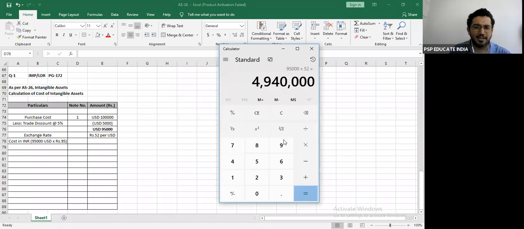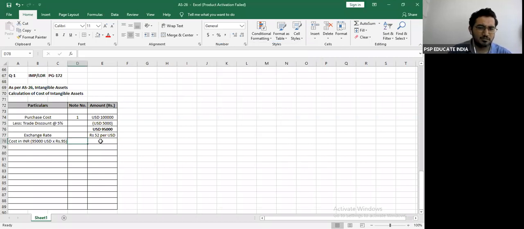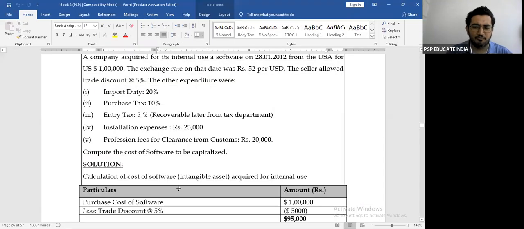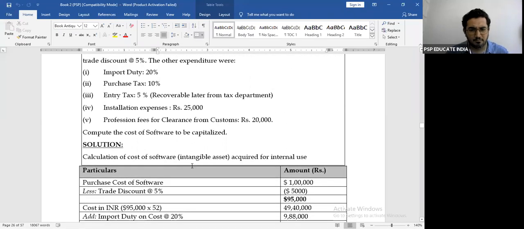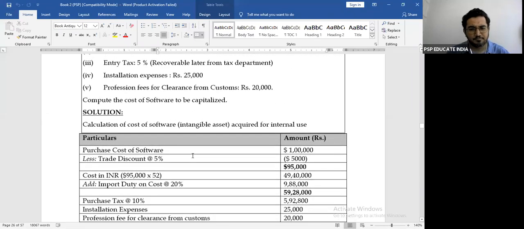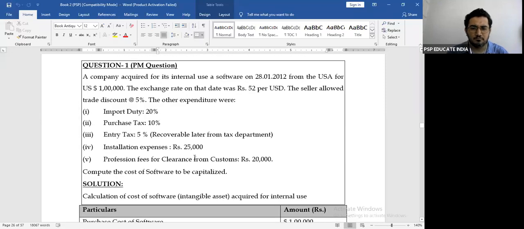You get 49 lakh 40,000. So put over there 49 lakh 40,000.